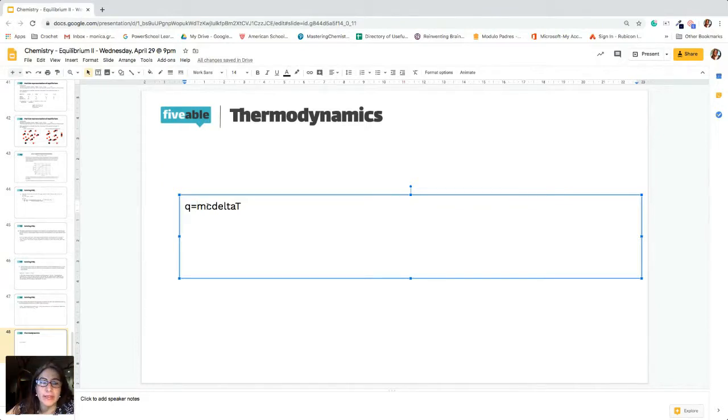Do you remember what the specific heat means? The specific heat of a substance means how much heat the substance has to absorb to be able to increase its temperature by a degree Celsius.